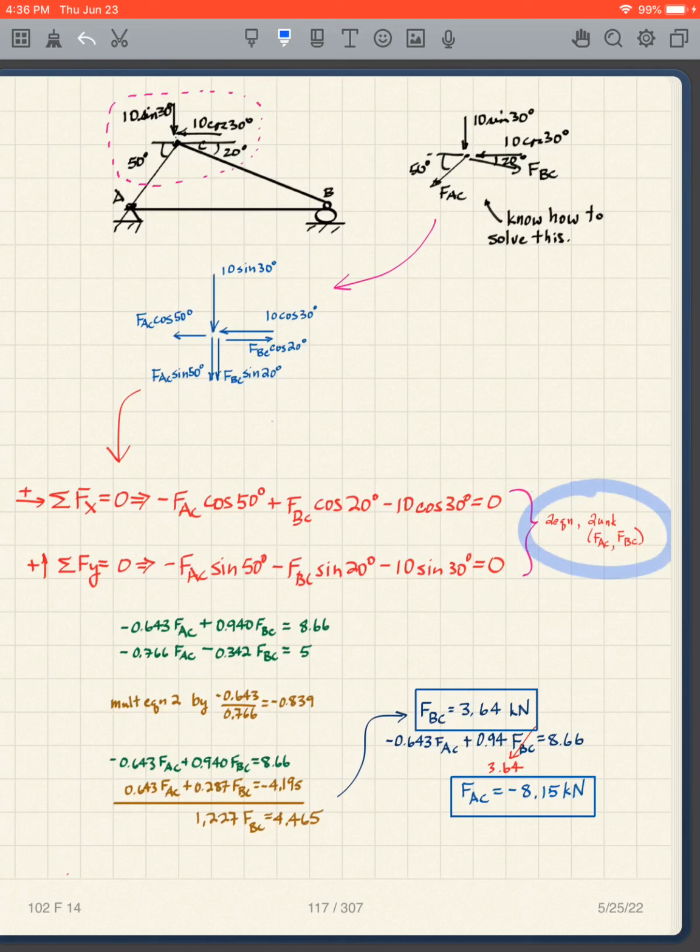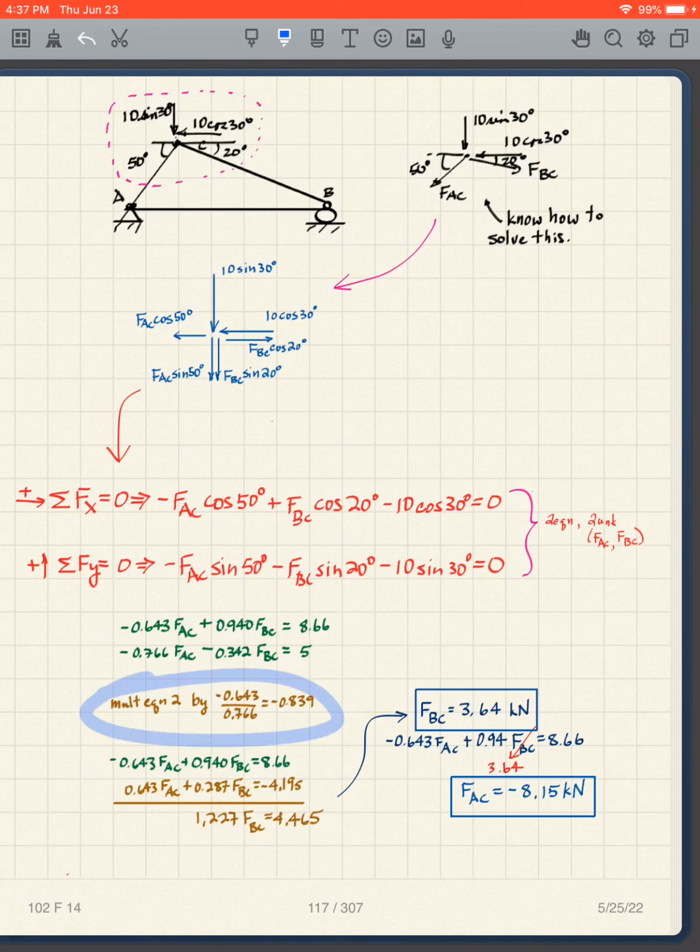I have two equations, two unknowns. Put it into your calculator. Of course, we have to evaluate the sines and cosines of those angles. And I get these two equations. You can do it by hand. This shows you how to do it by hand if you've forgotten. Multiply. I'm not going to go through it.